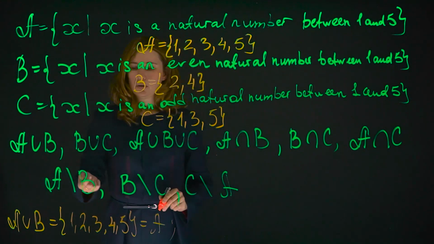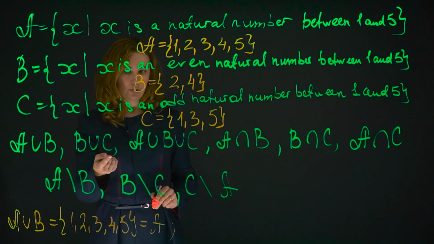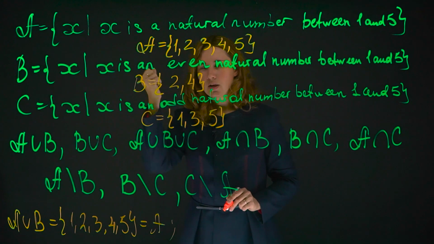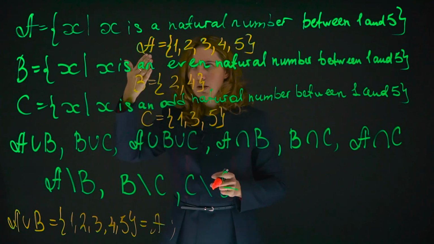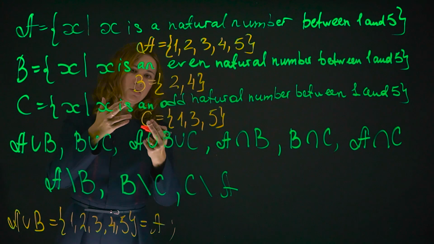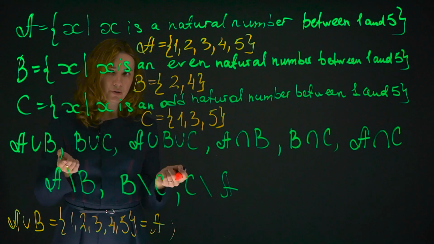Now let's talk about the result of this operation, B union C. Look at this: we said that B is a subset of A. But at the same time, C is a subset of A as well. And moreover, these two sets, B and C, have no common part.